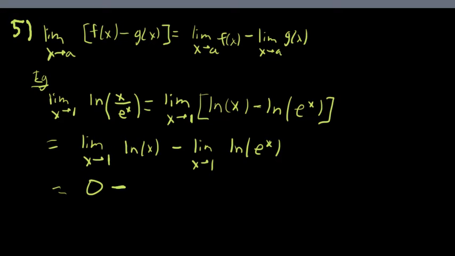And for this limit, we're looking at what happens to ln of e to the x as x tends to 1. Well, first we'll look at when x tends to 1, e to the x tends to e.